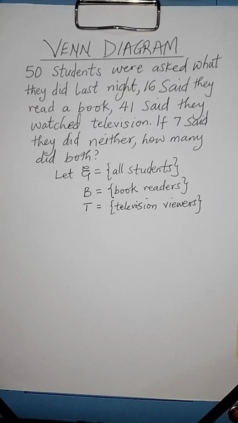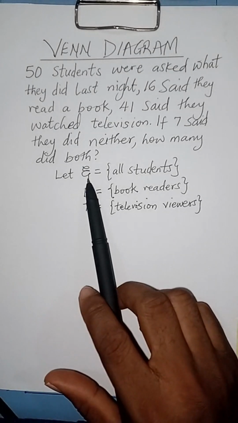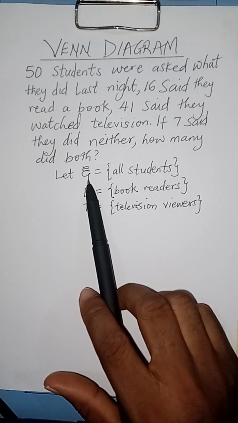Now, when you see a question like this, you may be so confused as to what to do. But these are the easy steps to follow. The first thing you do is to define the entire set using this set notation symbol.